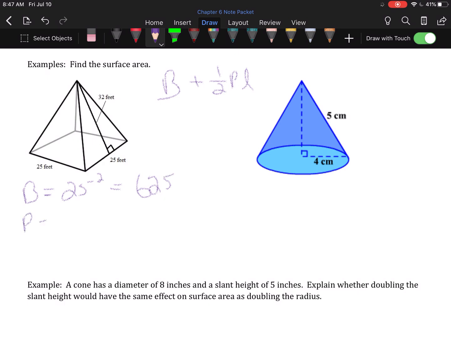The perimeter is 4 times 25, 4 sides of 25, that's 100. So when I plug into my formula, the area of the base is 625. 1/2 comes in, the perimeter is 100, and the slant height is that 32.